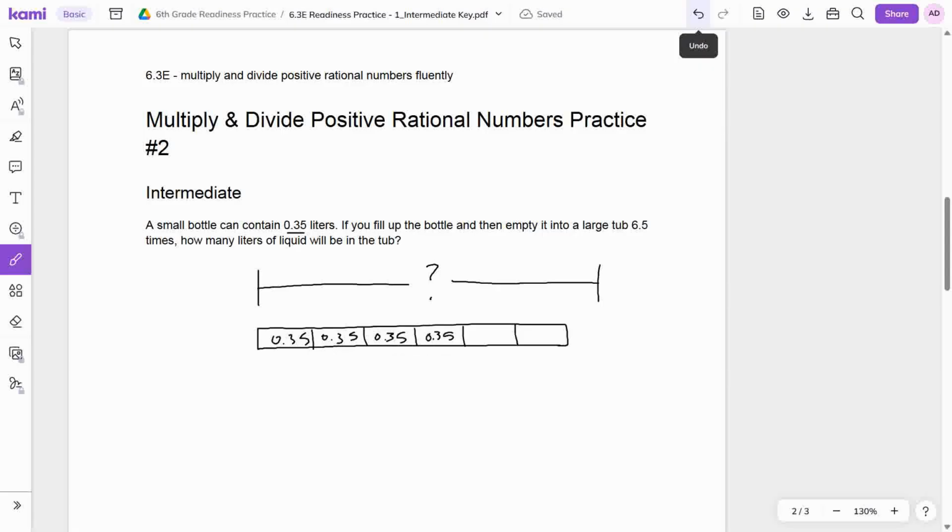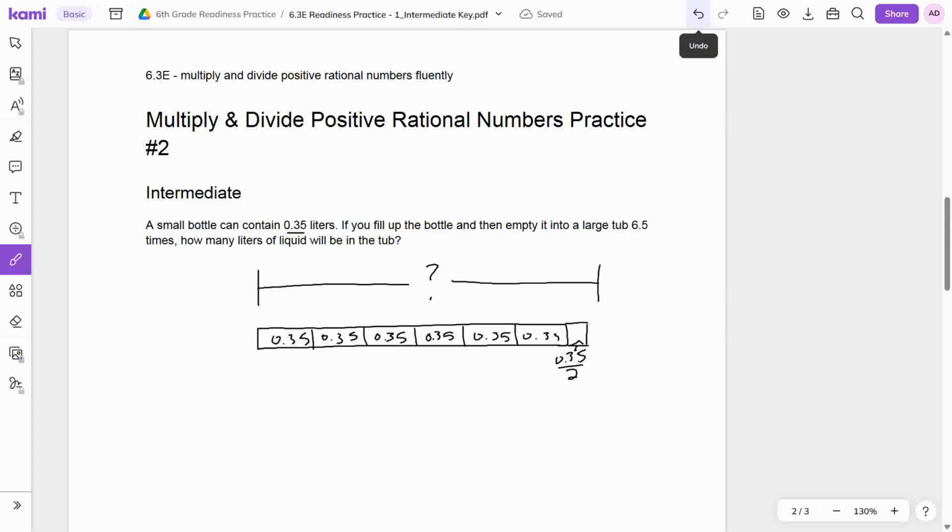And then, if I want to keep it normal, I'm going to do a half of one, which is 0.35 divided by 2. That's going to be my 6.5, right? What is that going to be?